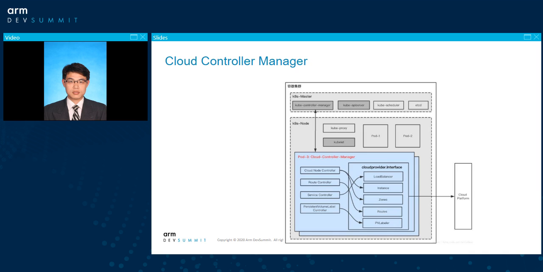It has been separated into controllers: the Cloud Node controller serves for the Cloud Node life cycle management, and the Route controller serves for the network connections for the different nodes, and also the service controller. We are leveraging this to realize the network support, and the last one is the PVC controller for the storage support.